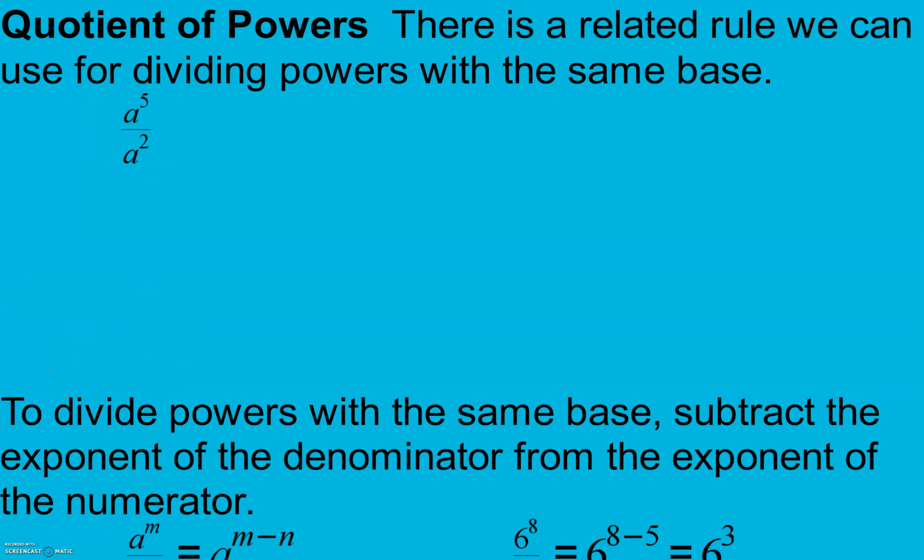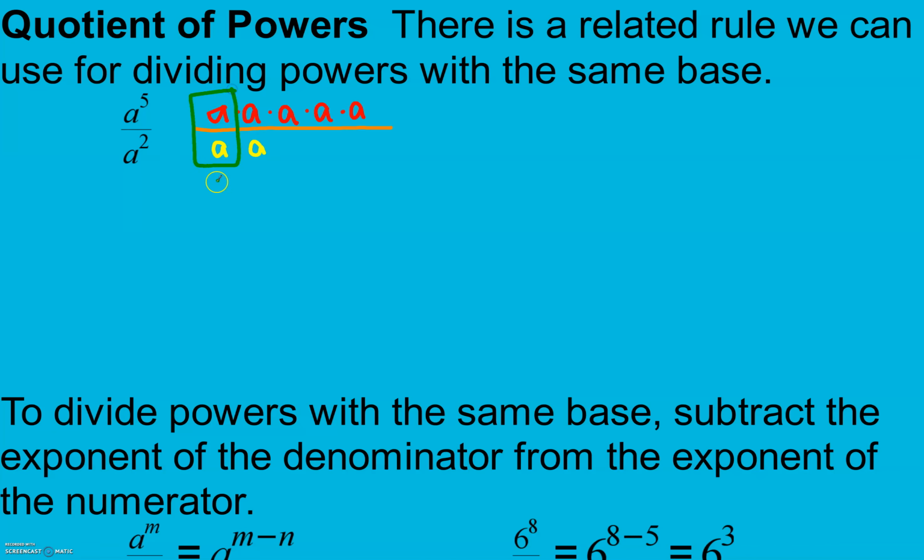There is a related rule we can use for dividing powers with the same base. So here, a to the 5th power is the same as a times a times a times a times a, divided by a squared, which is the same as a times a. We know that anything divided by itself is 1.